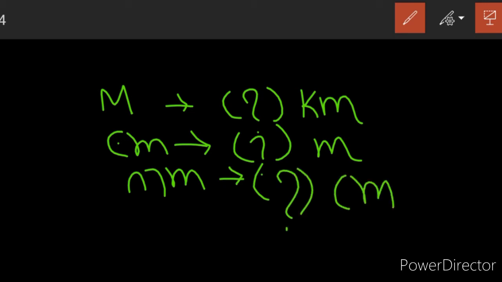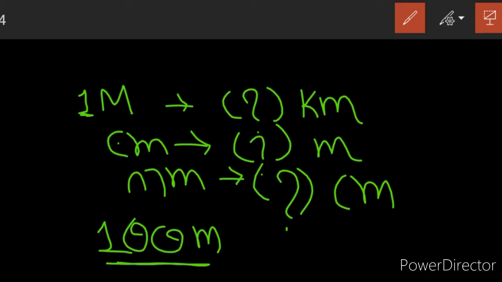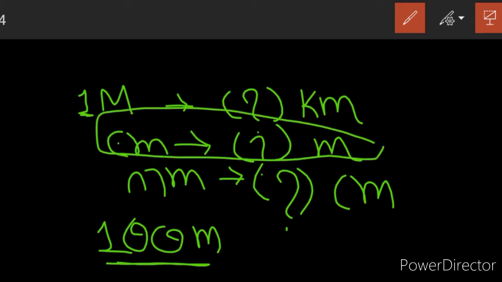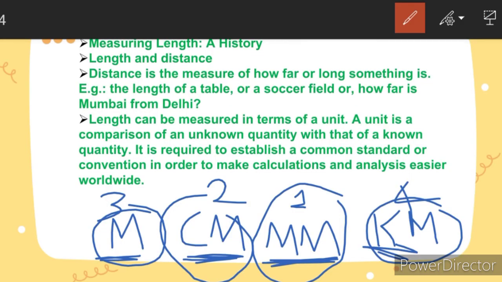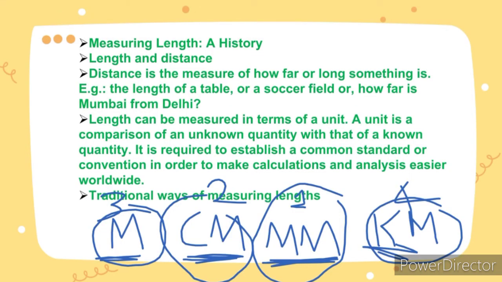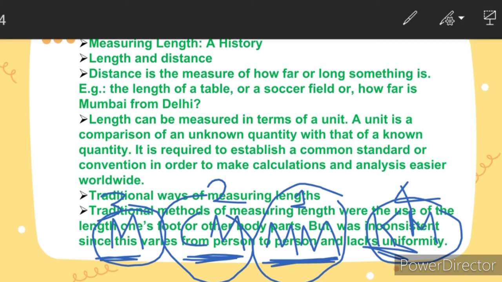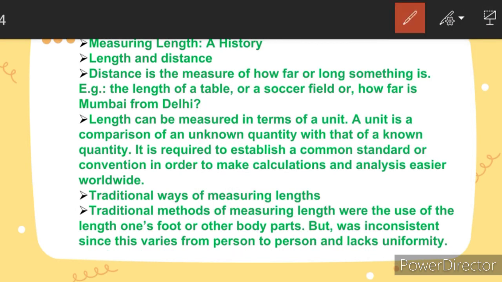These are the things you have to be aware of. 100 millimeter will be equal to 1 centimeter, while 1000 meter will be equal to 1 kilometer. This is something you need to remember, because it is very important for your education and studying. Now, traditional ways of measuring length.